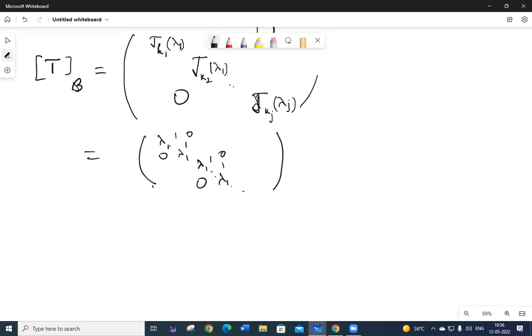This way we want to decompose the matrix of T. When we decompose the vector spaces, that means we are playing with the matrices. This is a connection between the decomposition of vector spaces and matrices. We are finding bases such that the matrix is written in a certain form which we wanted.